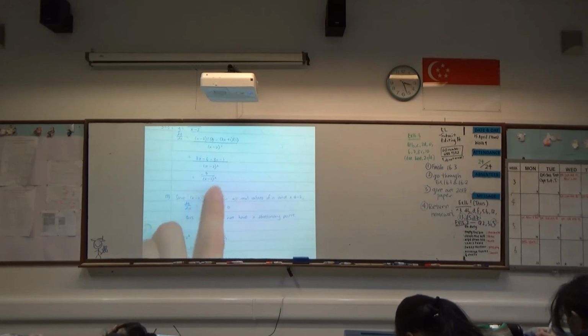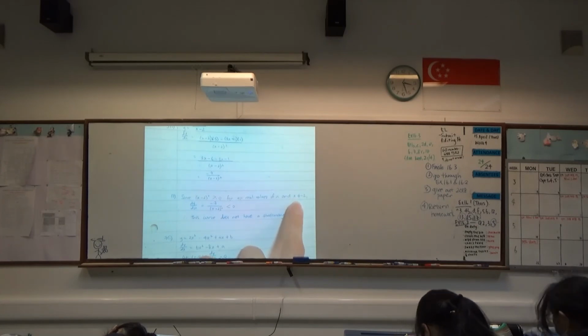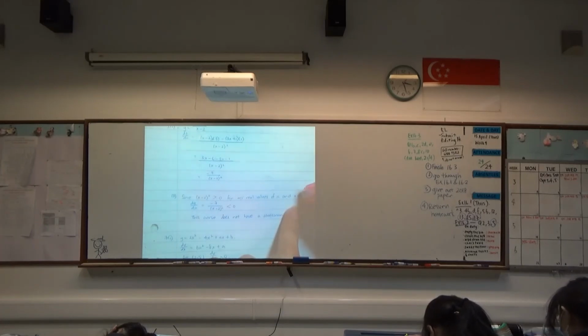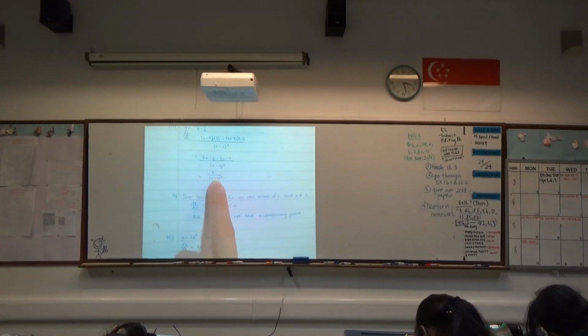So, we say that because the denominator is always positive for all real values of x, except when x equals 2. We cannot have x equal to 2, so x not equal to 2, because if x is equal to 2, your x minus 2 is 0 already.